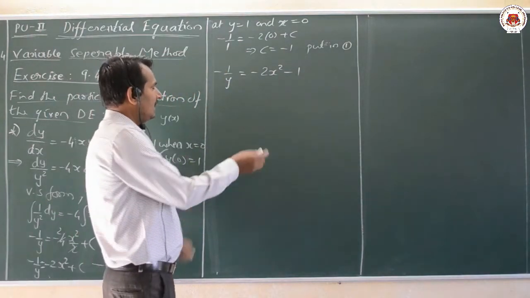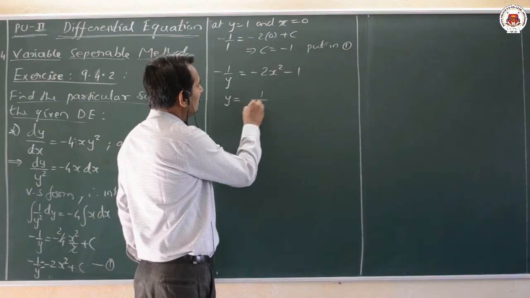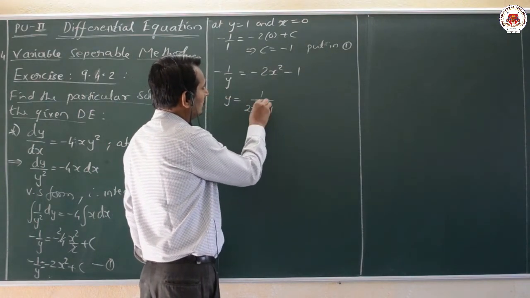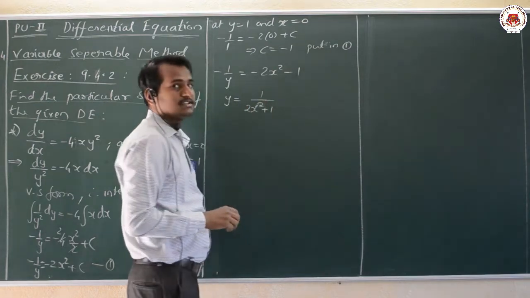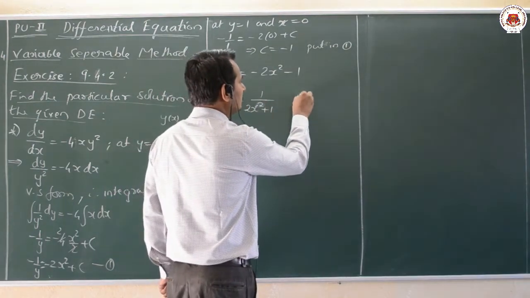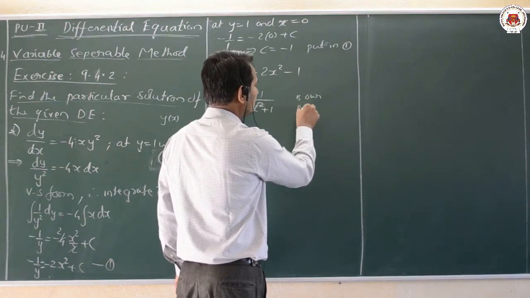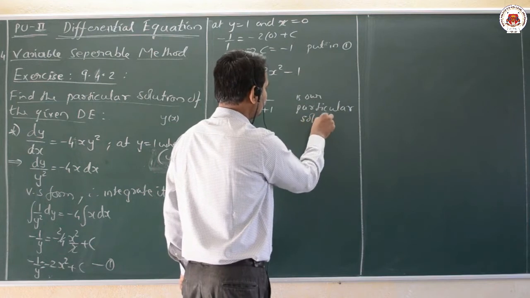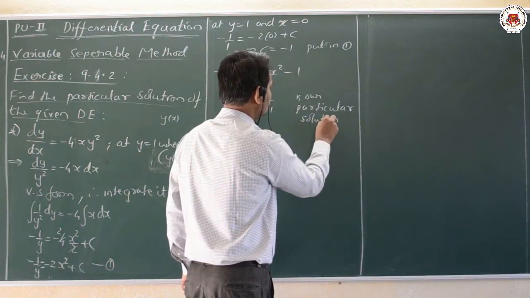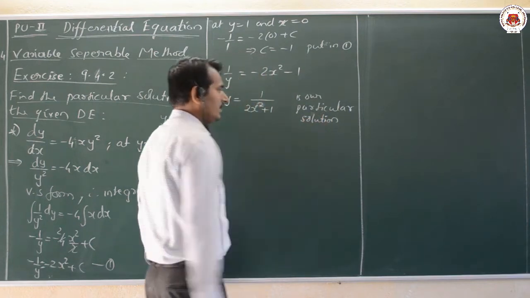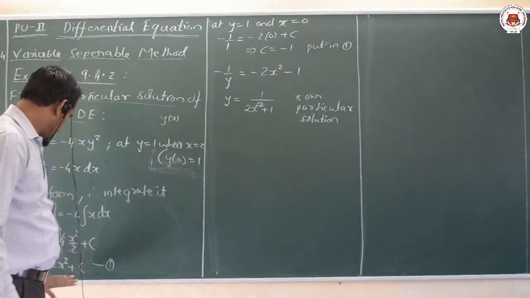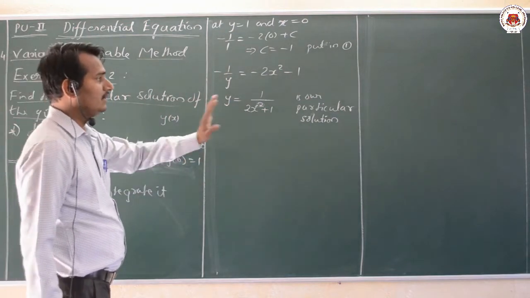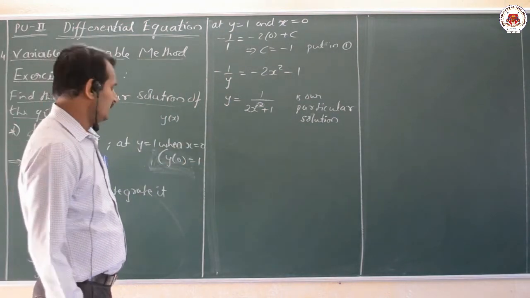Finally, y is equal to 1 divided by 2x square plus 1, and that is our required result, our particular solution. So this is our general solution, and with the constant found, it is our particular solution, dear students.